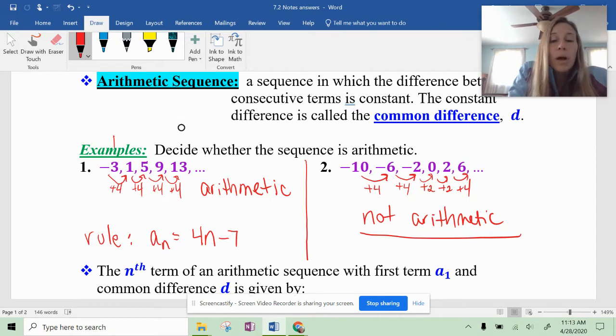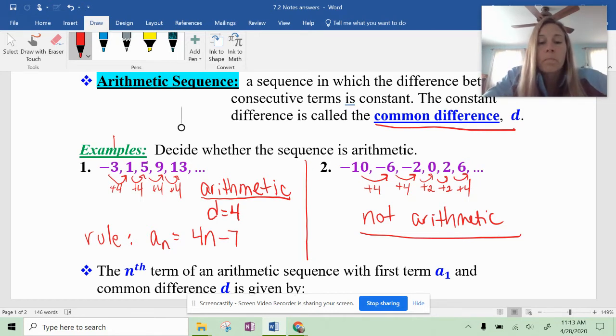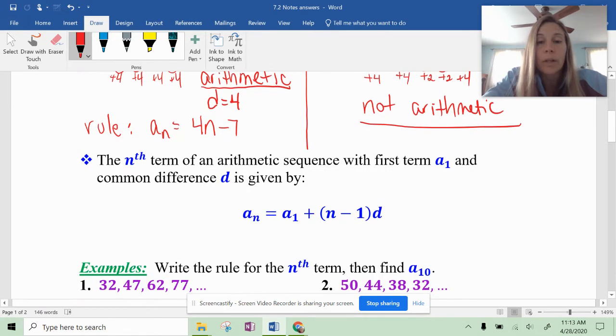So in number 1, since it was arithmetic, this +4 is known as that common difference. So we would say that d equals 4. The nth term of an arithmetic sequence with the first term called a sub 1 and the common difference d is given by the following formula.